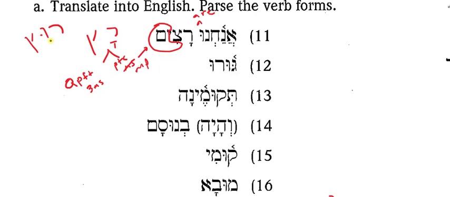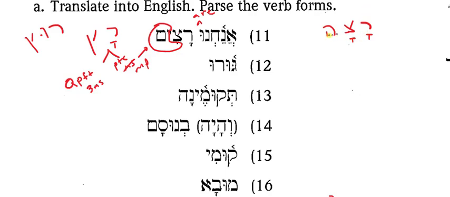Dr. Marshall? Yep. So this is obviously the hollow verb chapter, but is it that first A vowel under the resh that tells us that it's not ratzah? Okay, I see. So you're thinking, is it possible that this was a verb like ratzah that's 3 hey? Correct. Oh, okay.